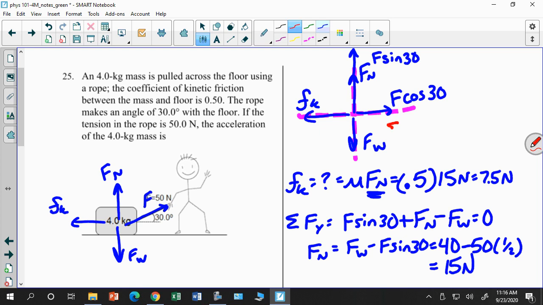I can say the sum of the forces in the x direction, F cosine 30 minus Fk equals max. That's going to be 50 cosine 30 minus 15, divided by my mass, which is 4.